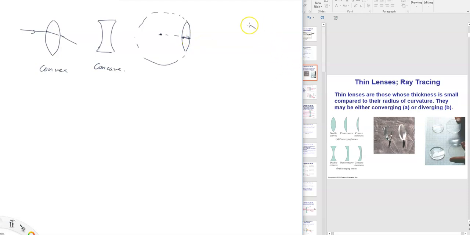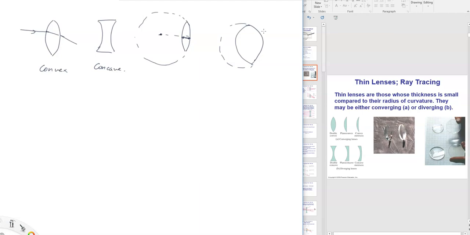If you think about a much thicker lens, the radius, if you complete the circle, will be something like this. So here's the radius, and the thickness of the lens is also very comparable. There are certain lenses like that, but we will stay with the thin ones.